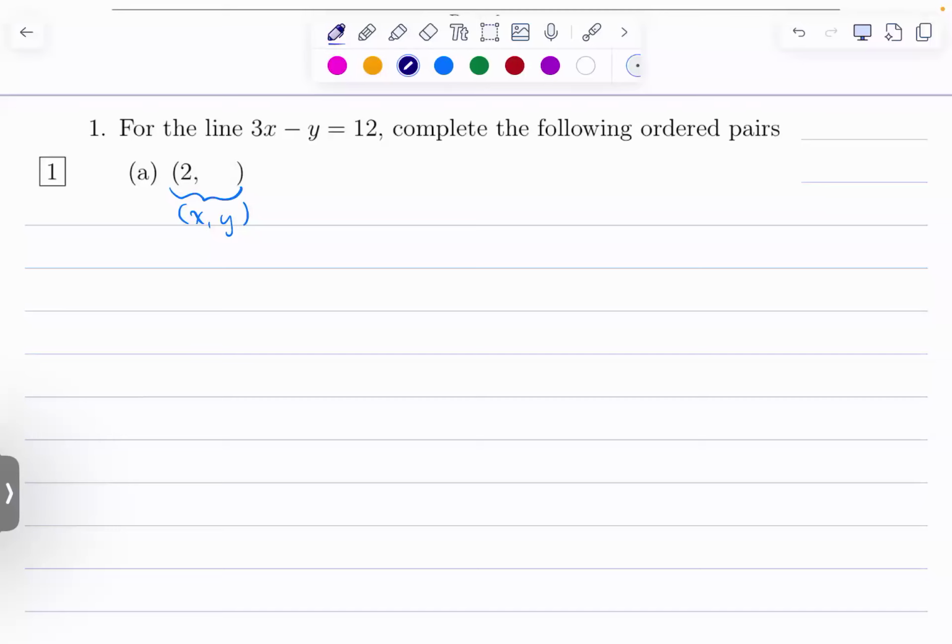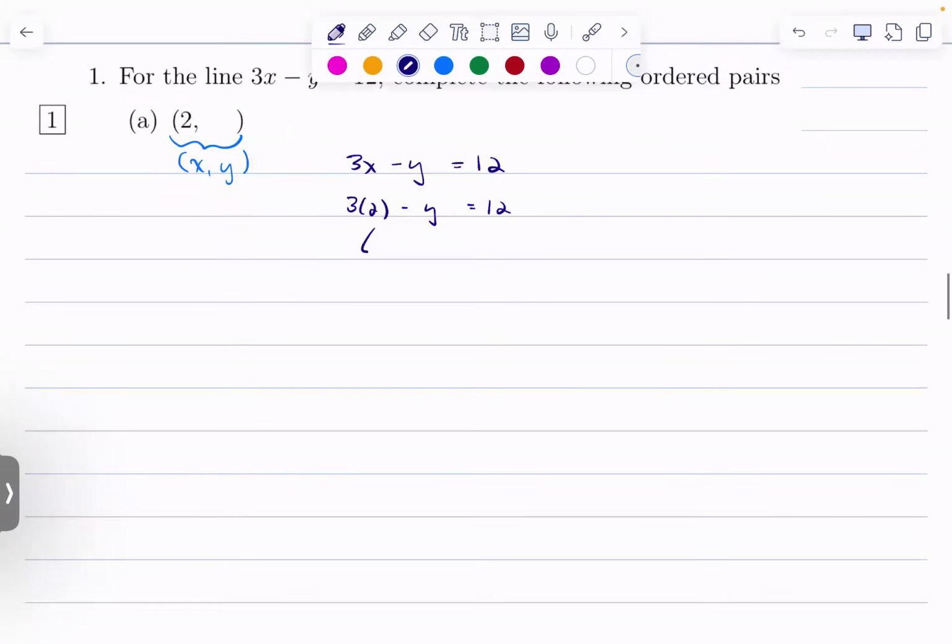So in 3x minus y is equal to 12, you can plug in x equals 2. 3 times 2 minus y is equal to 12. 6 minus y is equal to 12.